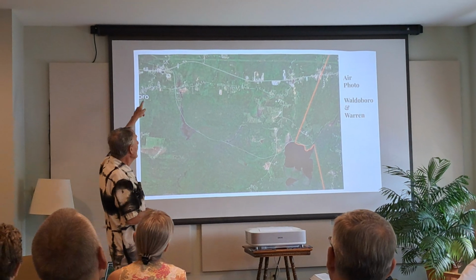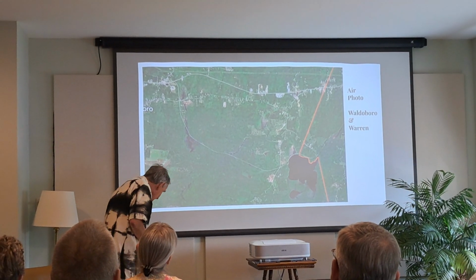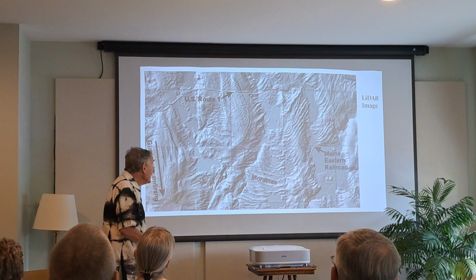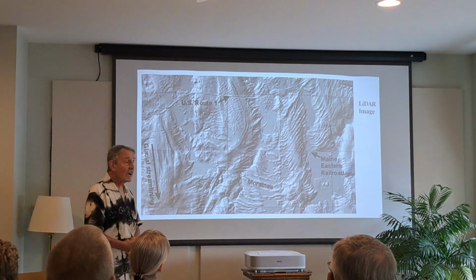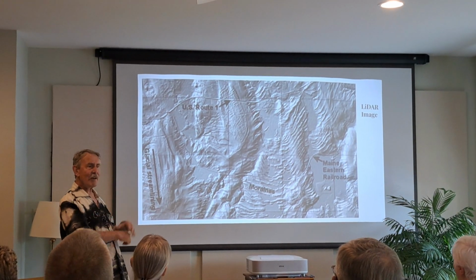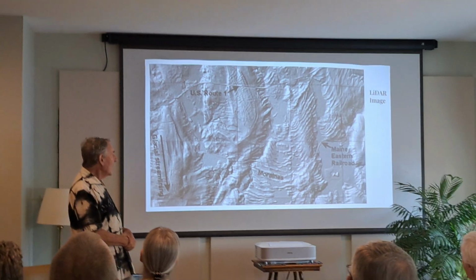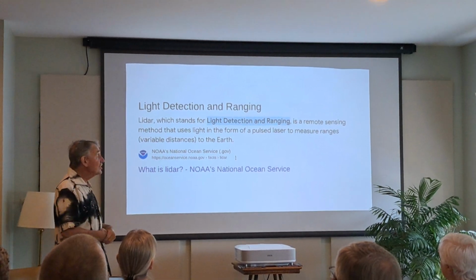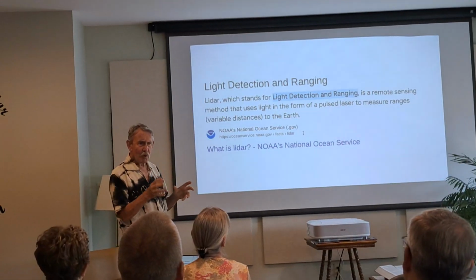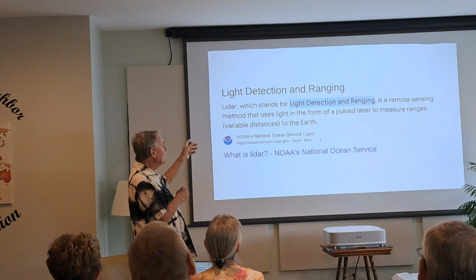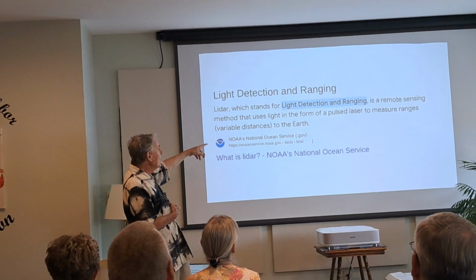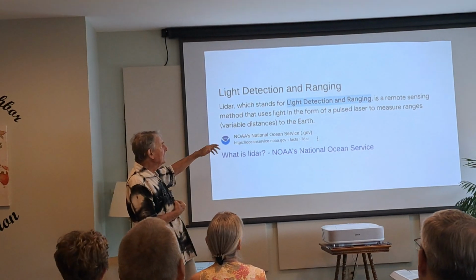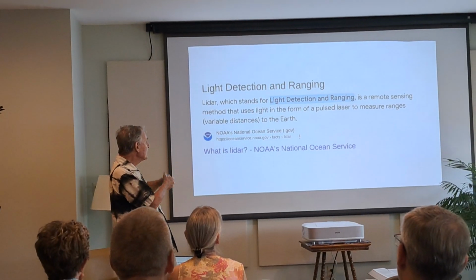And this line along the top of the map is Route 1. And this is a LiDAR image of exactly the same area. Now, what's LiDAR? LiDAR is light detection and ranging. I want you to remember all of this stuff. It is a remote sensing method that uses light in the form of a pulsed laser. I don't expect you to remember this.